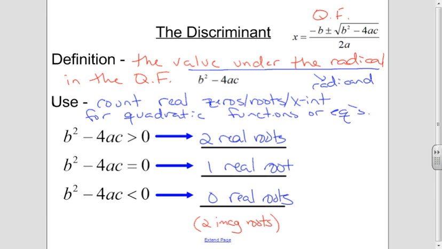Now, again, if this number were 0, the square root of 0 is 0. So when you do plus or minus 0, you're really doing the same thing twice. Plus 0 and minus 0 are the same thing. So you're really only getting one root. And then when this value here, the discriminant's positive, the square root of a positive is another positive number. And then you're going to do plus that positive and minus that positive. Well, that gets you two distinct answers. That's why you're getting two real roots.